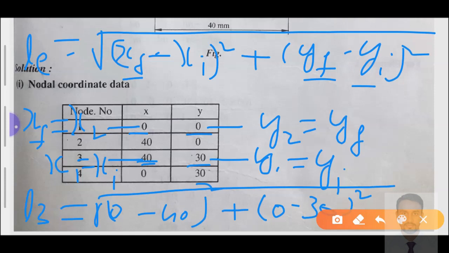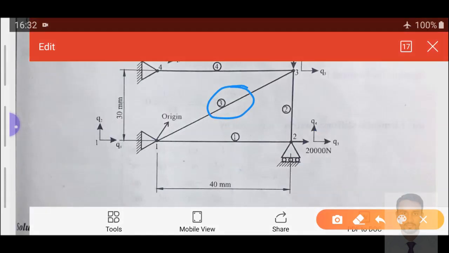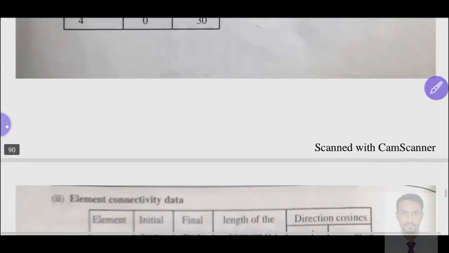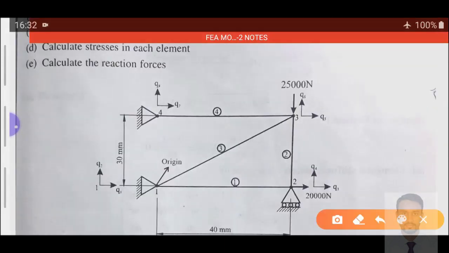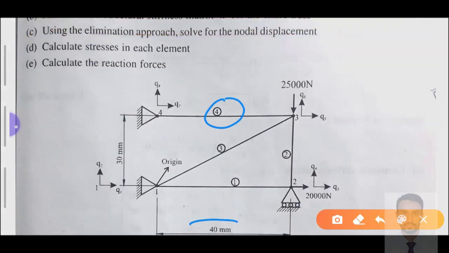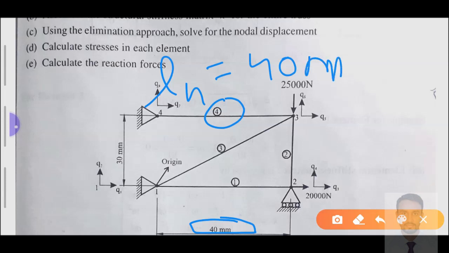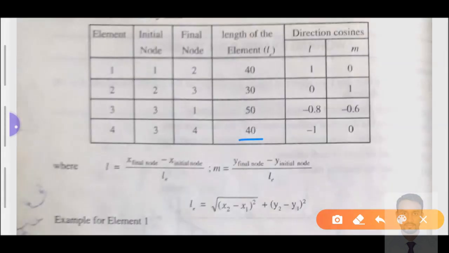This is minus 40 square, which becomes 40 square, plus 30 square, which equals 50. The elemental length for element number 3 equals 50 mm. Similarly, element number 4 has a length parallel to the horizontal length of the truss element, 40 mm. Then L4 equals 40 mm. Tabulate it in the tabular column: L4 for element number 4 equals 40. No need to find it; only this one we needed to find out.